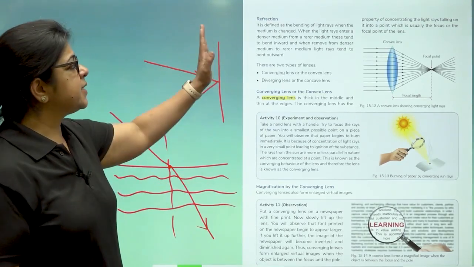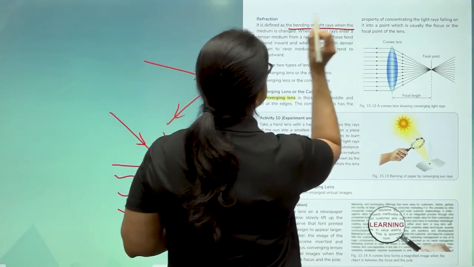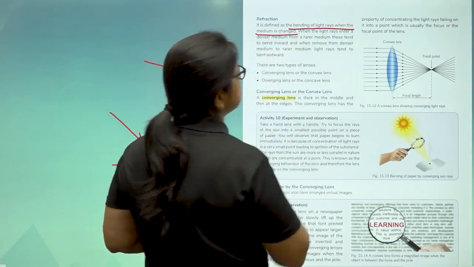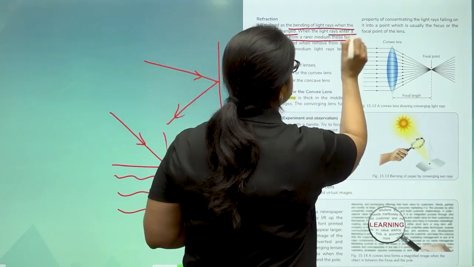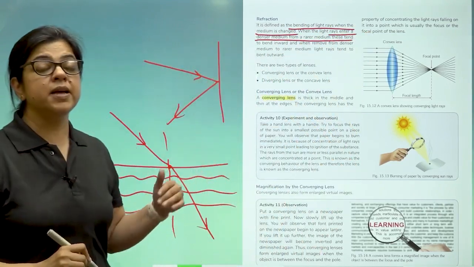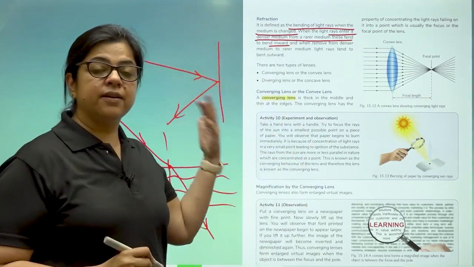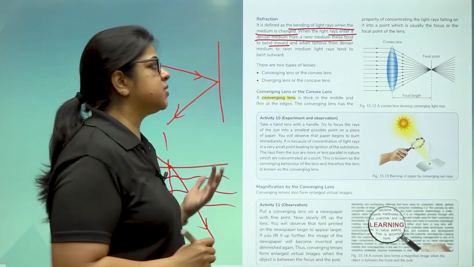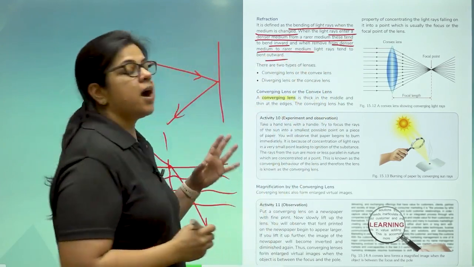This is known as refraction, the bending of light rays when the medium is changed. So when a ray enters a denser medium from a rarer medium, it tends to move inward, and when the reverse happens, that means when it is entering a rarer medium, it will bend outward.